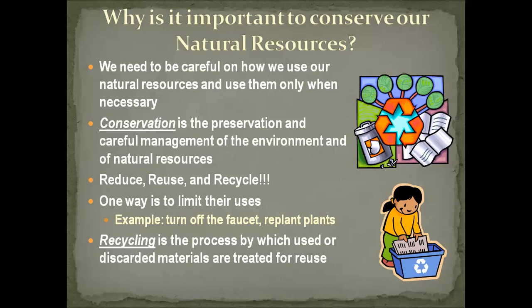And even if you are reusing it, then try to recycle it. One way is to limit their use. Example, turn off the faucet, replant plants. Recycling is the process by which used or discarded materials are treated for reuse.